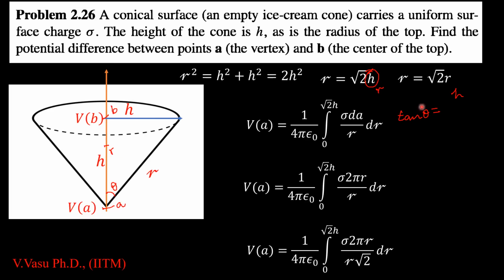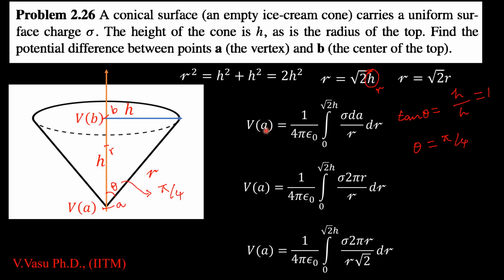So this is h, and h divided by h is 1. So tan theta is 1, so theta is equal to pi by 4. So this angle is clearly pi by 4, no doubt about this. Now we will come to our original problem.